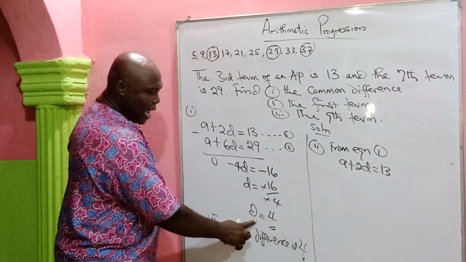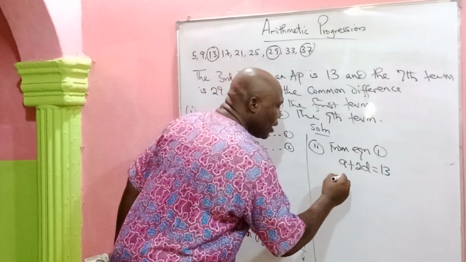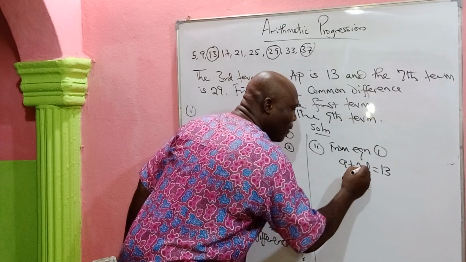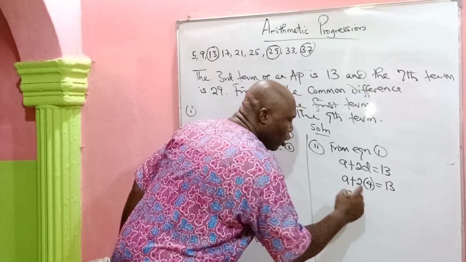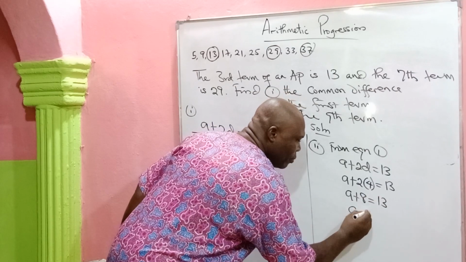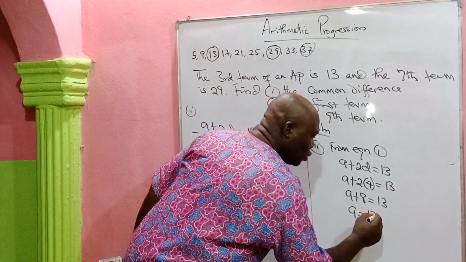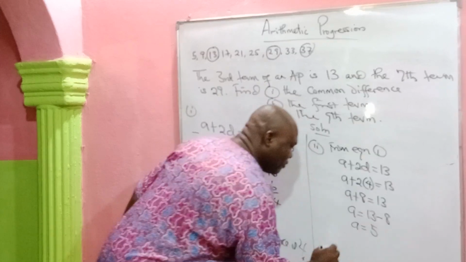So far, we have calculated D to be 4, so we substitute D as 4. We have A plus 2 times 4 equals 13. A plus 8 equals 13. A will be 13 minus 8, which is 5.